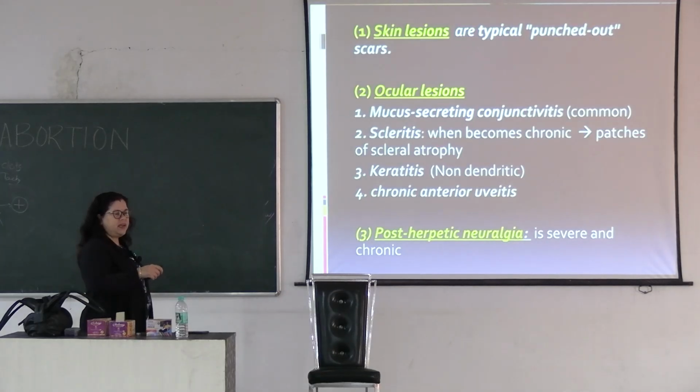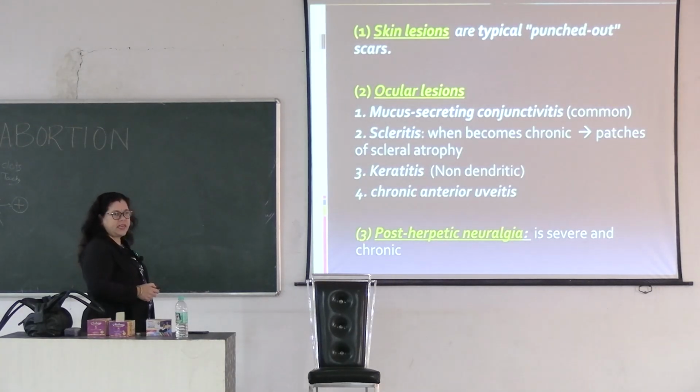Due to thinning of the sclera, there may be the complication of staphyloma, that is an ectatic protrusion of the weaker point of the sclera. Then the third one is keratitis.